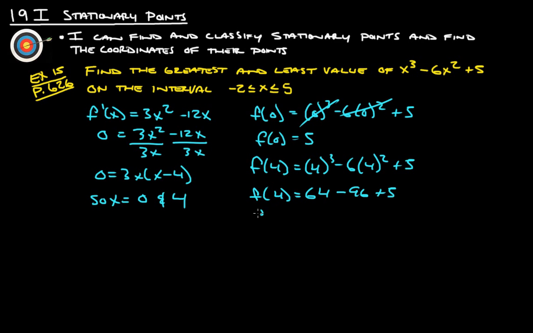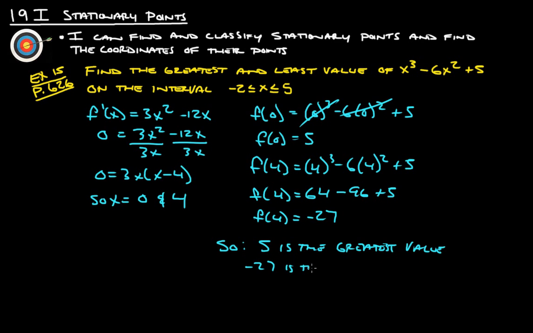And then plus 5, so if you add that all up, f of 4 gives you negative 27. So that means 5 is the greatest value and negative 27 is the least value.